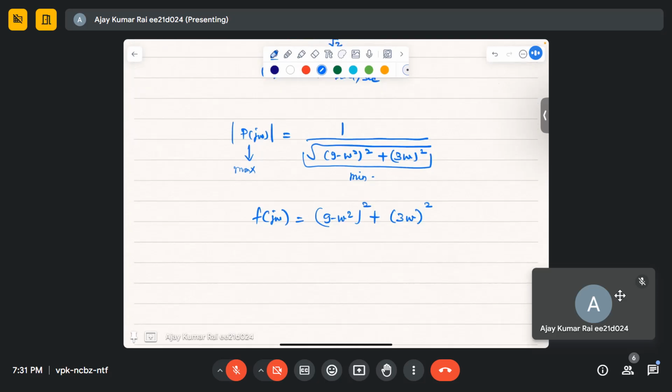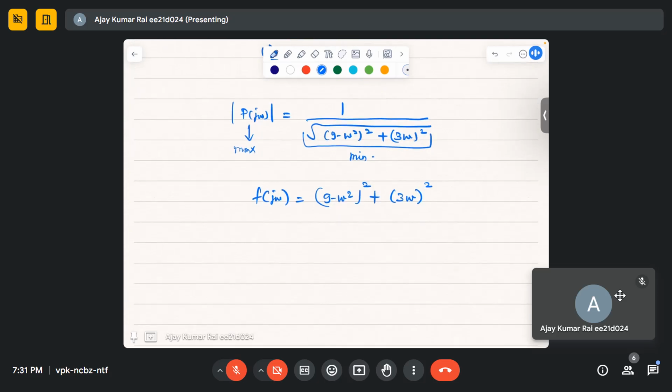So how to find at what frequency this is minimum? We have to find that now. This is the magnitude, it is like 1 by f of j omega. So let's differentiate this with respect to omega.